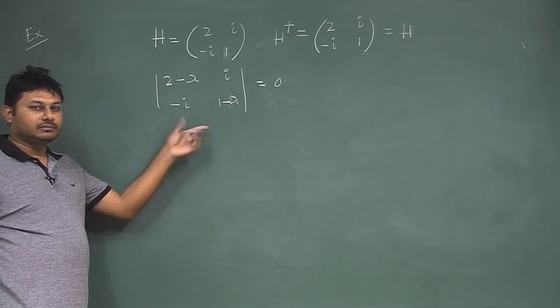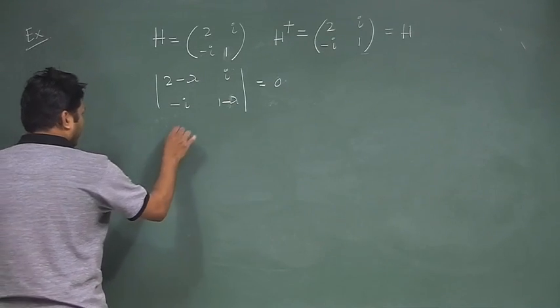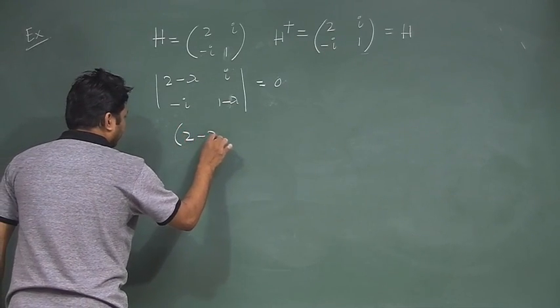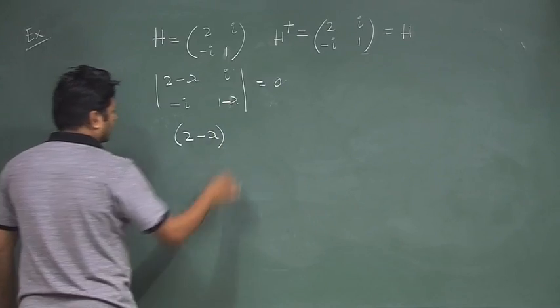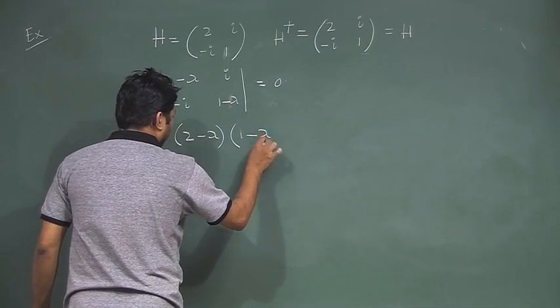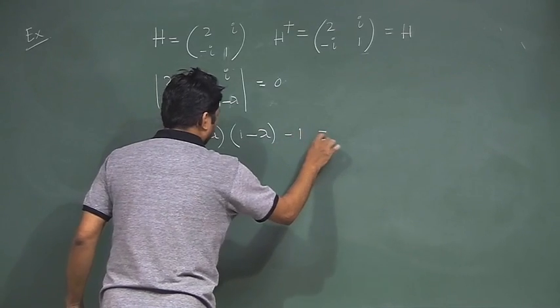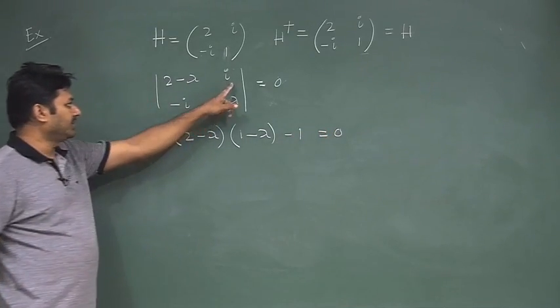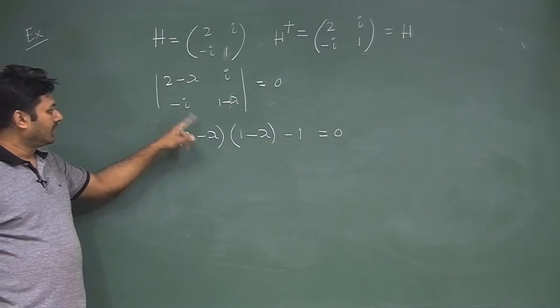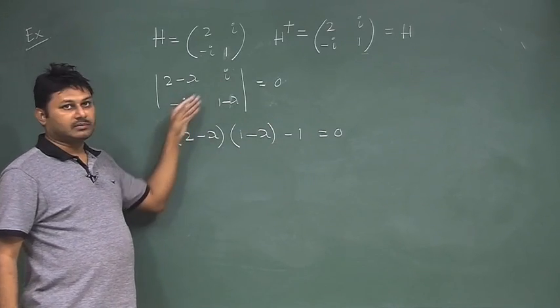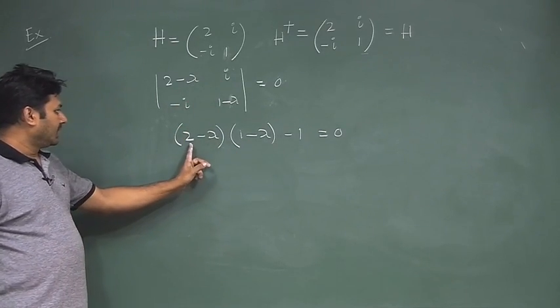This is my equation. So, 2 minus lambda, 1 minus lambda, minus 1 is equal to 0. I times minus I is 1, so there will be minus 1 because it is a cross multiplication.